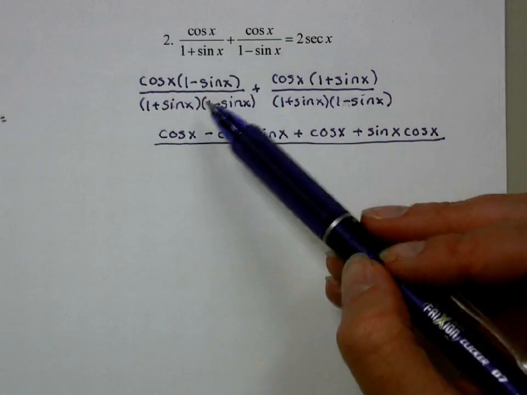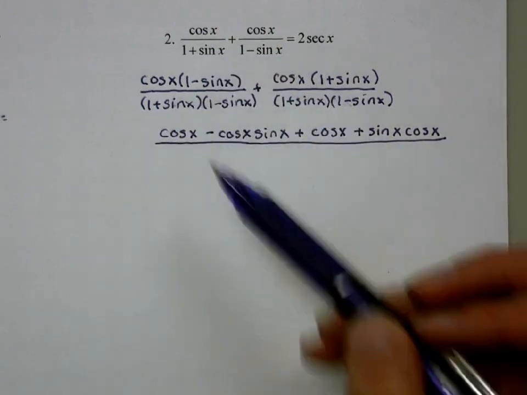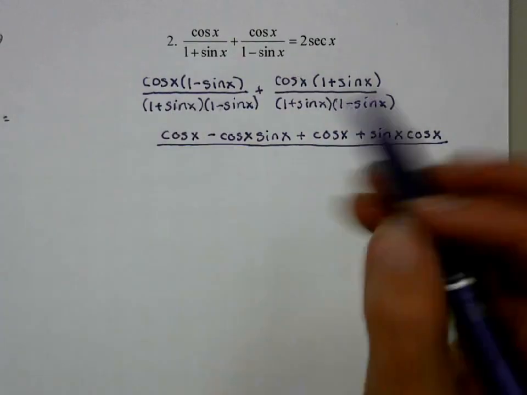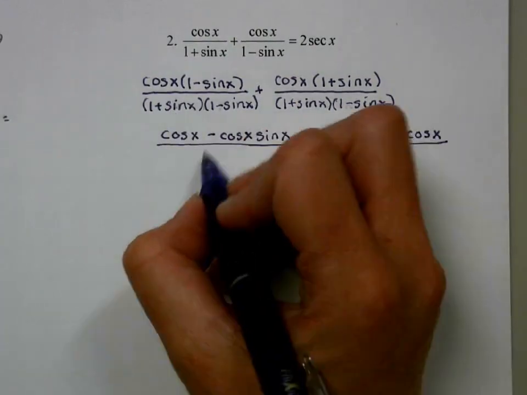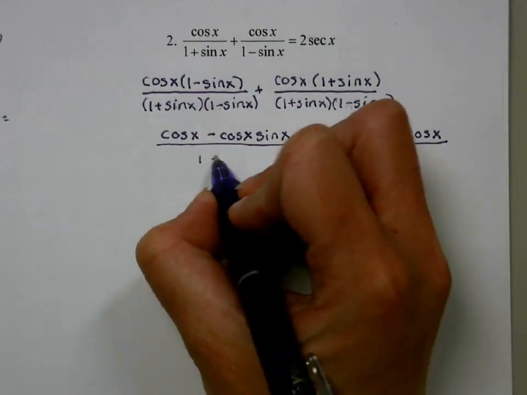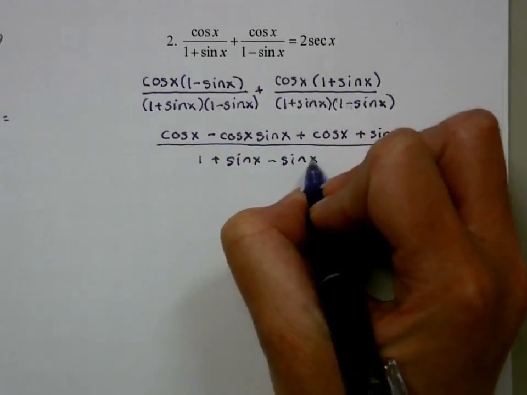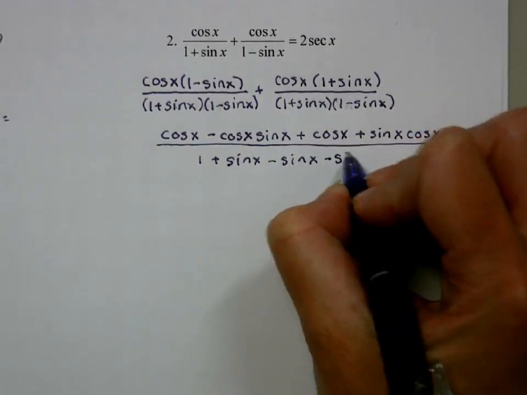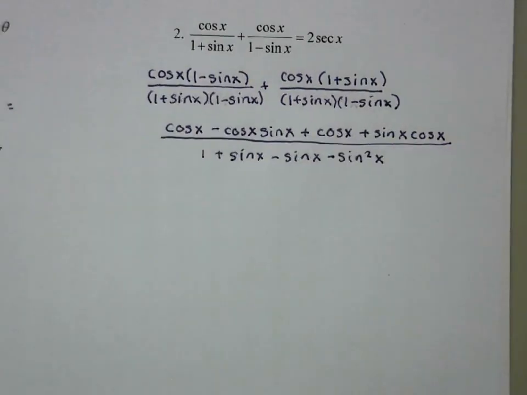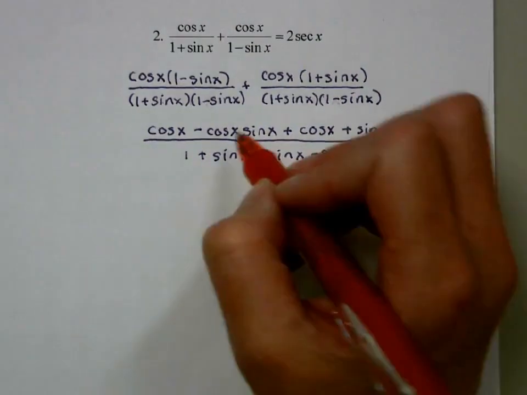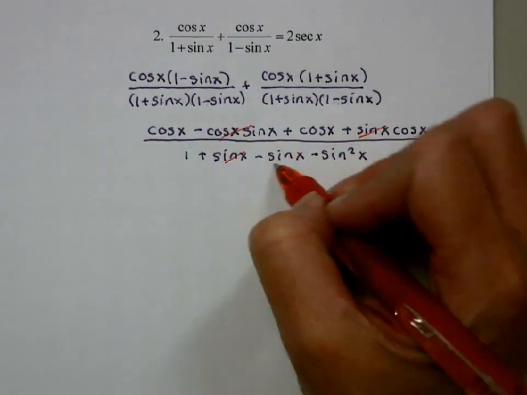Okay, sorry, I realized I forgot the original denominators there. Anyway, so we distribute through the cosines, and then when we get this denominator, when we FOIL it, you're going to have 1 plus sine of x minus sine of x minus sine squared. So when we combine everything, this and this cancel, this and this cancel.